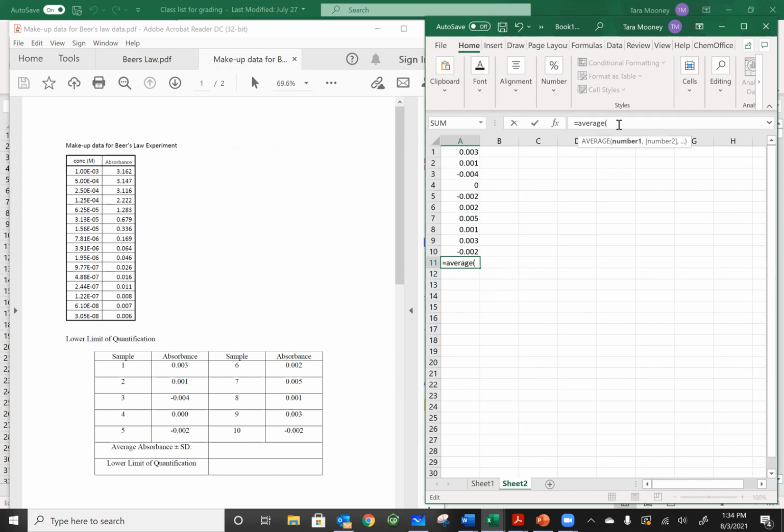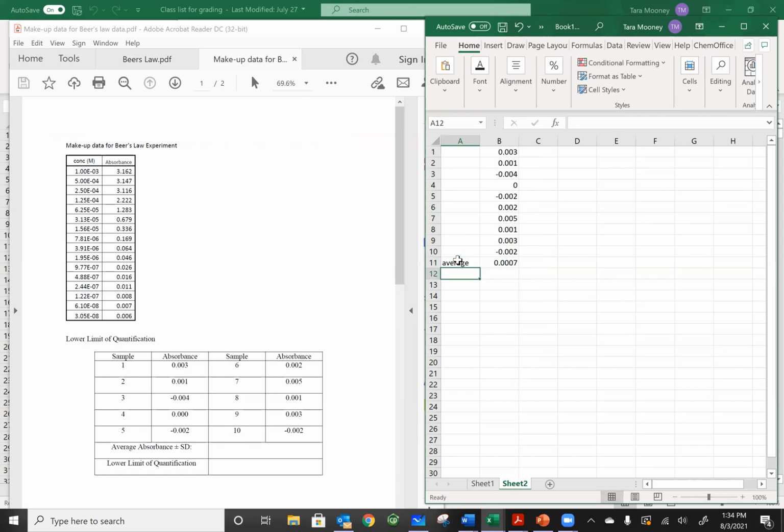So we need cells A1 through A10. Okay, and so here is our average. I'm going to insert. So this is our average.